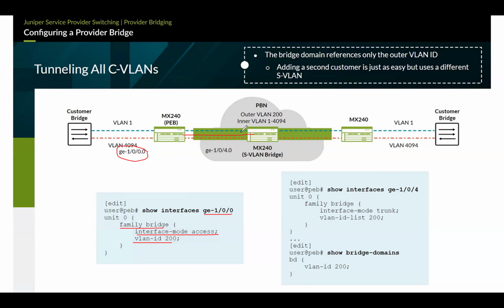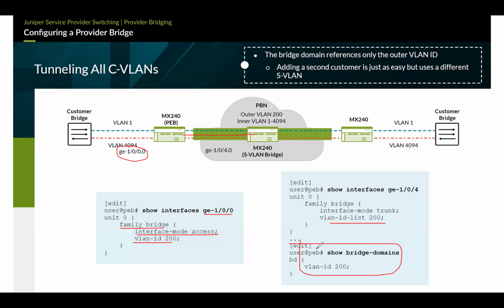And this interface is 1/0/4. That is the port interconnecting the service provider's different MX devices. This port should be trunk, and the allowed VLAN will be 200. This is the way to create the VLAN ID.